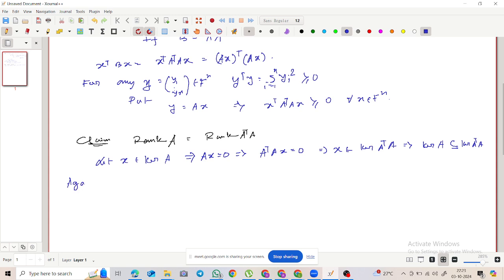Again, if x belongs to kernel A transpose A, then A transpose Ax is 0.